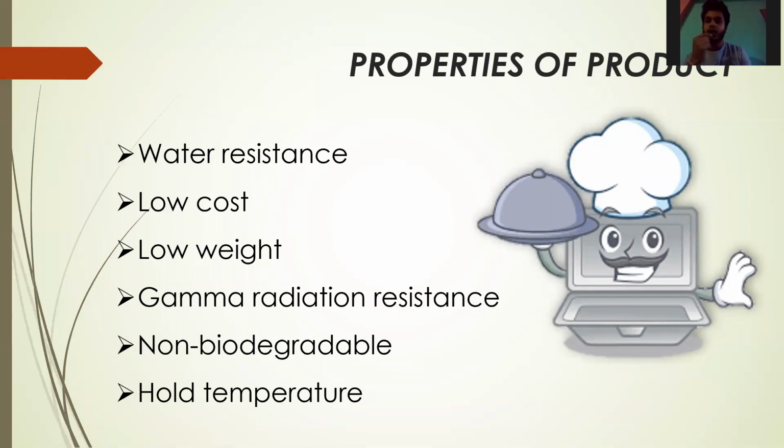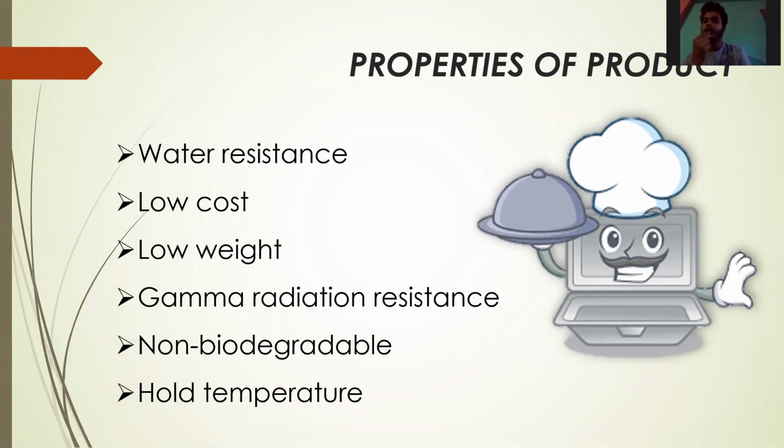Water resistance is very important for a lunchbox, so we can carry wet foods and other wet items in this box. As well, it is very cheap, so everyone can buy it easily.